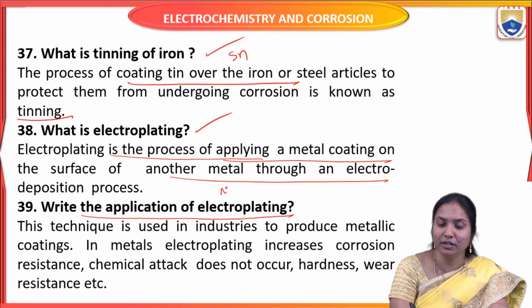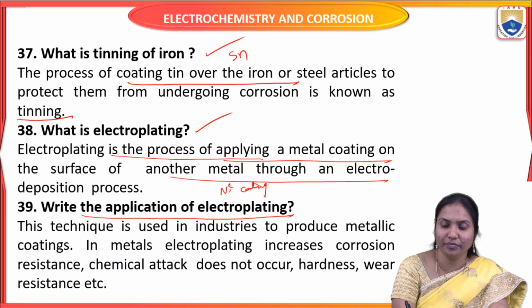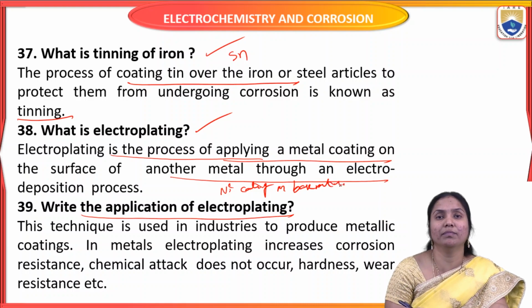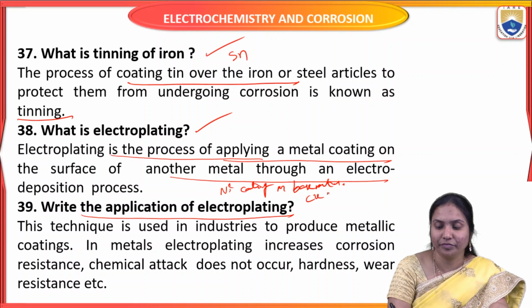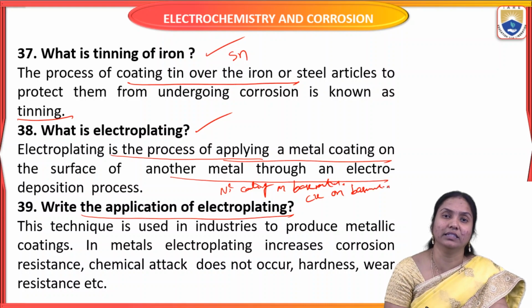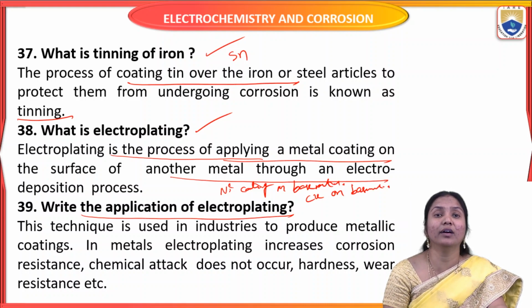Best example, nickel coating on base metal by following this electroplating, or copper coating on base metal by passing electricity. That process is called electroplating.